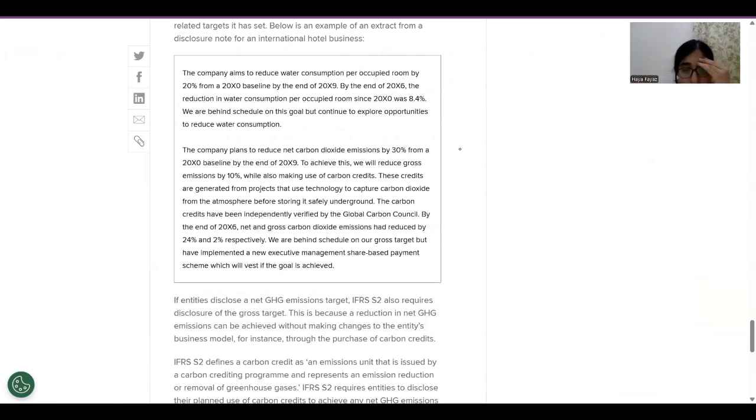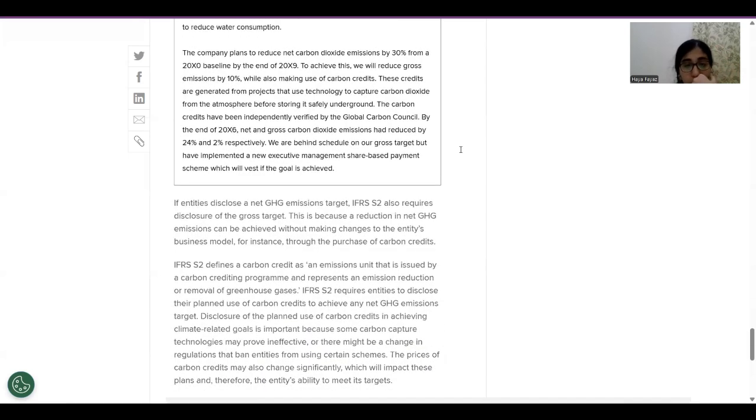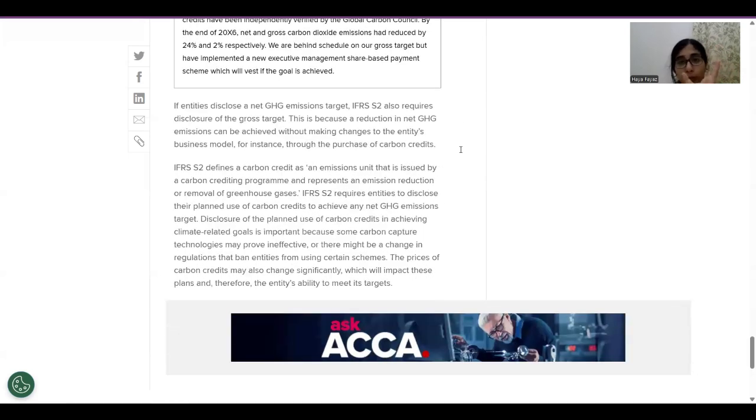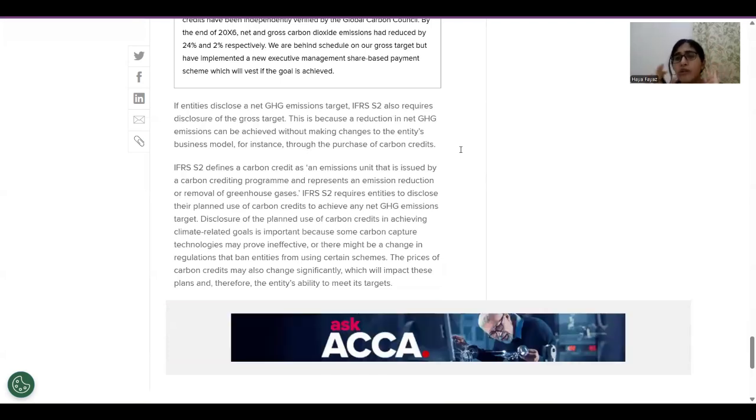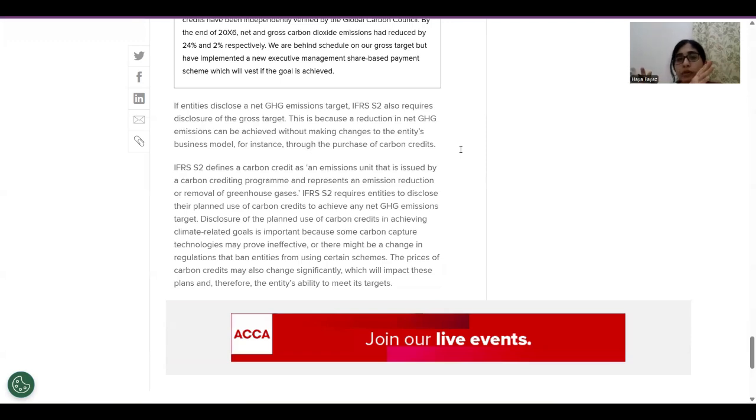And secondly, it represents emission reduction. The carbon credits are specifically for those emissions which are related to carbon, right? So it is meeting the definition properly. It is very important to know these definitions, not to learn them just for the exam. No one's going to blatantly ask you to define and give the answer.